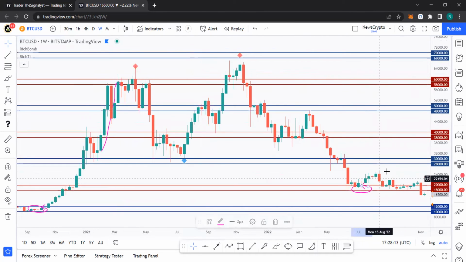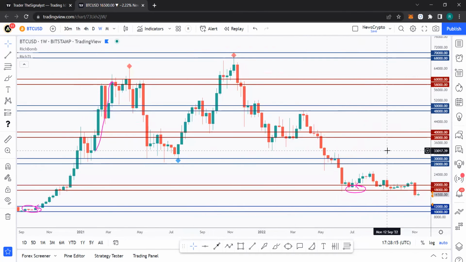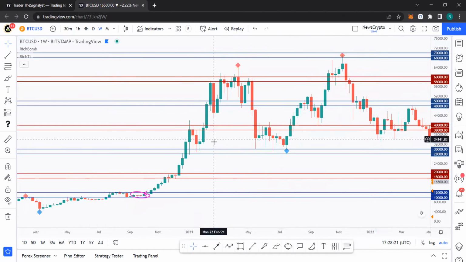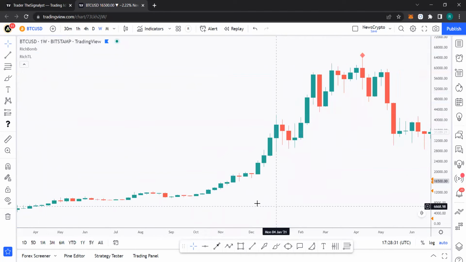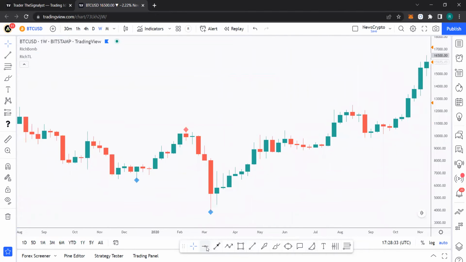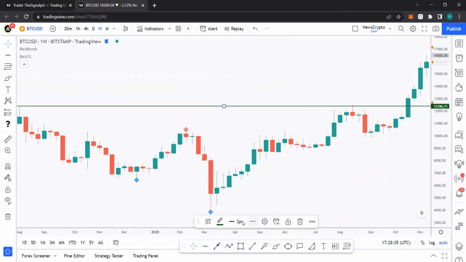Filled this one, rejected it, but couldn't push higher, which means that there was no buying pressure. So now this is already filled also. Now the only one left is this zone here, which is 10 to 12K, which is not filled yet. It's 10 to 12, as you see here. So if you remove everything, that's it, and you focus on the chart, you draw a level from the upper bound and a level from the lower bound.